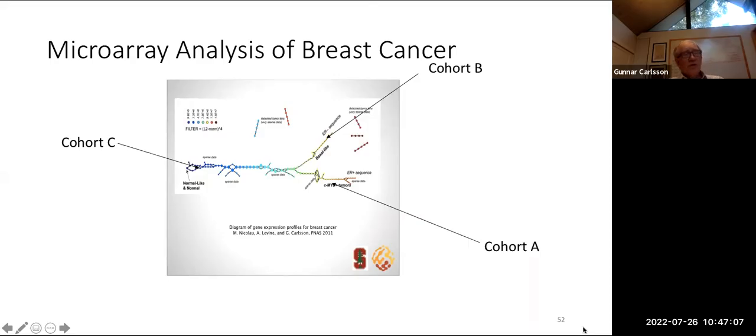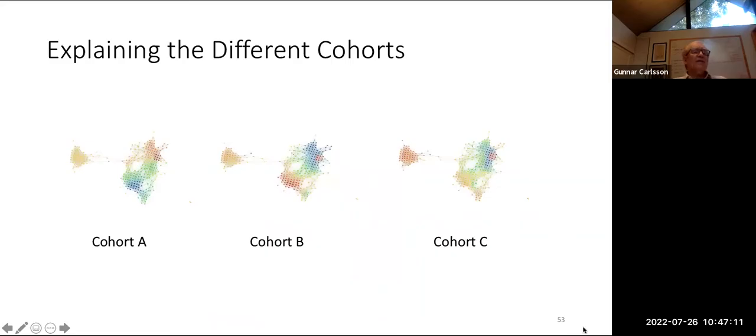Now the question is, how are these being represented genetically? What I'm showing you here now is a geometric model, or a topological model, a Mapper model of the genes in this study. So those are the columns. Now I can color by cohort A, which is the perfect survival one. And you can see that it goes from dark blue here at the bottom up to bright red at the top.